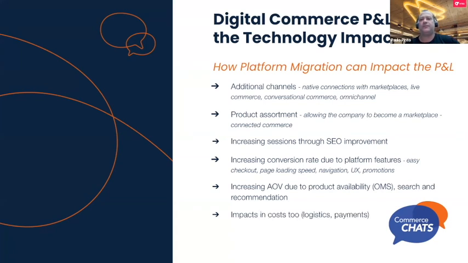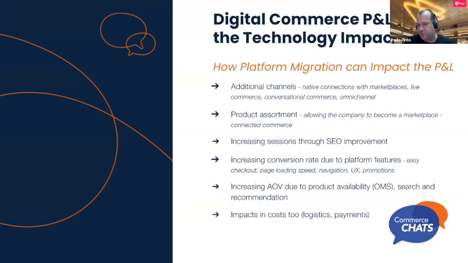And you can also have impacts in costs, right? The first items I was talking about were revenue, but costs can also be impacted. So for example, logistics, you may have a platform that gives you logistics capabilities that will reduce your overall costs.